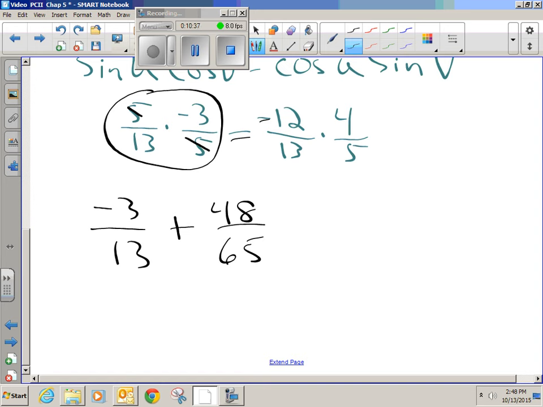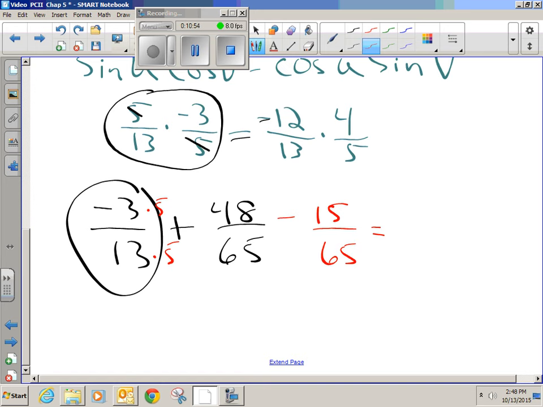And I'm actually going to have to write this negative 3/13 in terms of 65ths. I'm going to multiply by 5, both top and bottom. If I hadn't canceled, that would have been fine. This becomes negative 15/65. So it looks like I have 48 minus 15 is 33/65. And there's your answer.